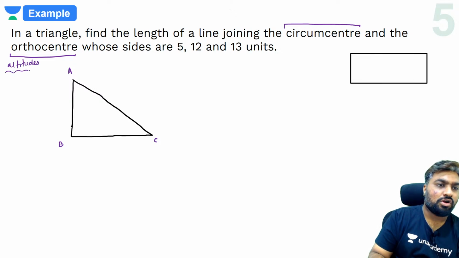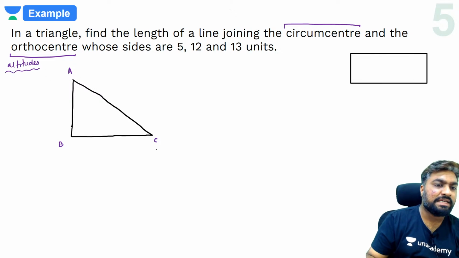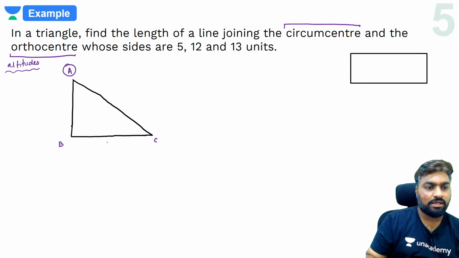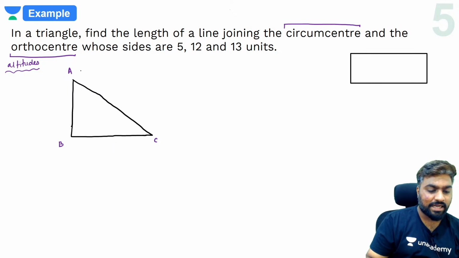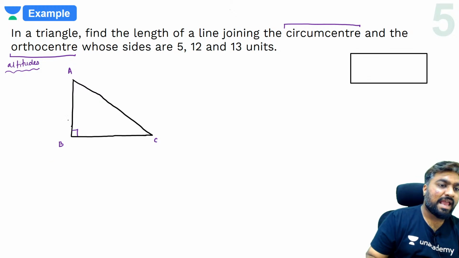Yes, so if you have to draw an altitude from A to BC, what will it be? Let's see if you can quickly tell me. A से लेके BC तक, A से from here till this side, if you have to draw a perpendicular line, which side, which line will it be? BC का परपेंडिकुलर A से सिर्फ एक है, जो क्या है, AB. करेक्ट, करेक्ट जान ली, AB. सेम वे AB का परपेंडिकुलर C से कौन सा है, BC.